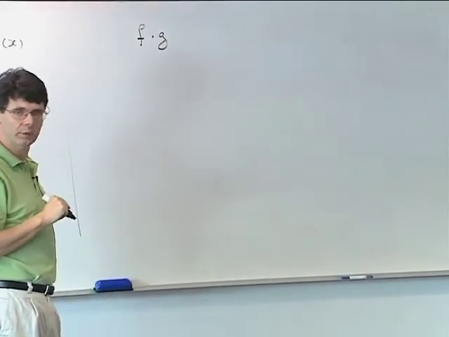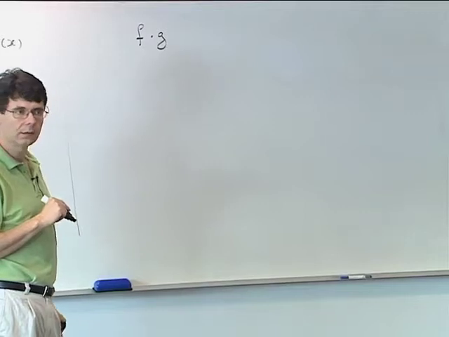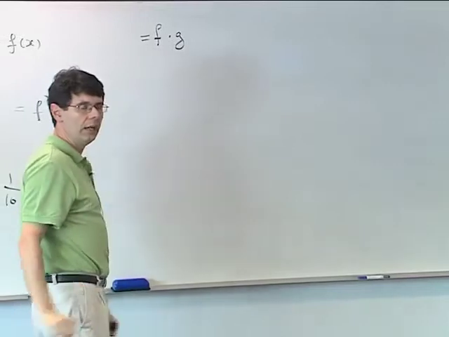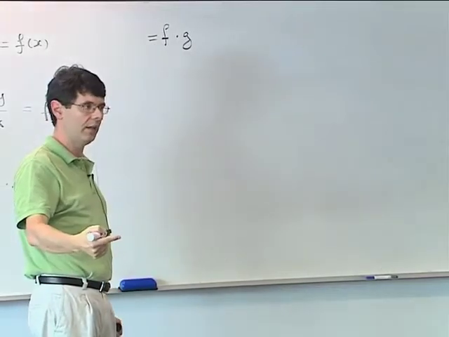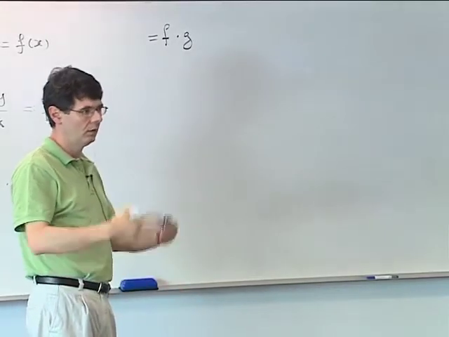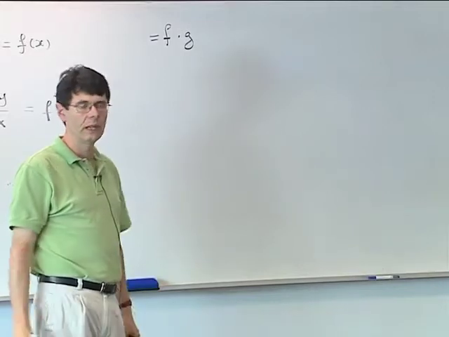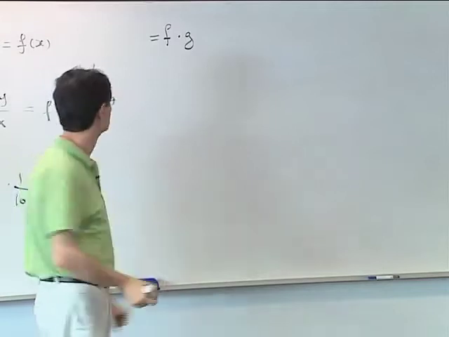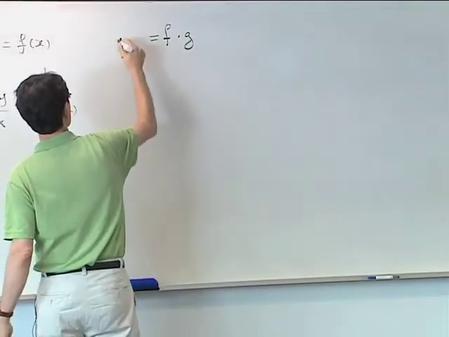And I want to take the derivative of that. Okay? I'm going to give it a name. I'm going to call it f, g. Well, the next letter is h, but I don't want to call it h. I'm going to call it P for product, okay?